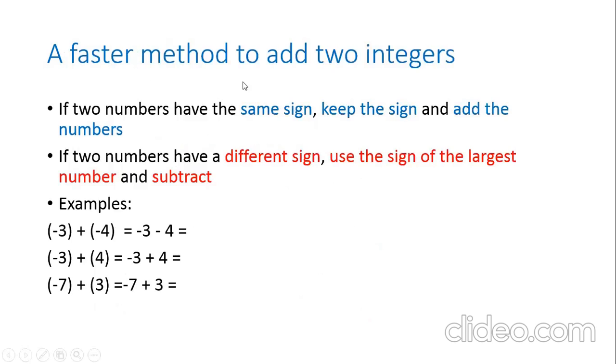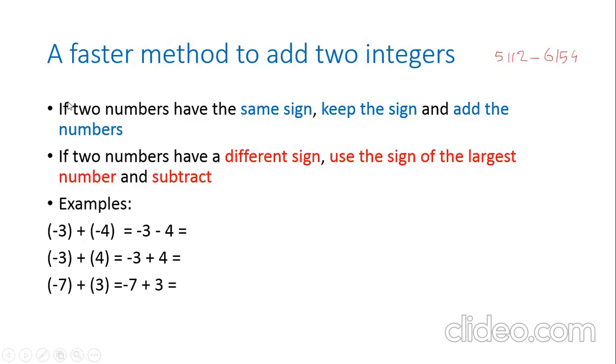Let's learn a faster method to add 2 integers, because sometimes we might have very big integers, like, for example, 5,112 minus 6,154. So this is impossible to represent on the number line.